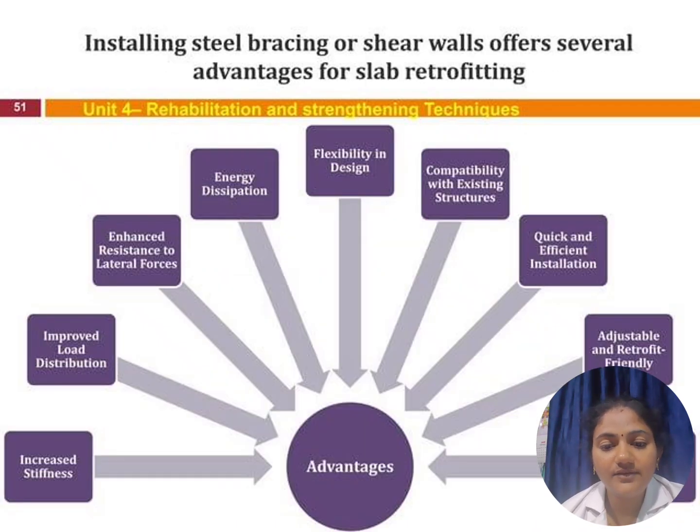And these are all the factors for installing the steel bars or shear walls, where the first one is increased stiffness and improved load distribution, and it enhances the resistance to lateral force and energy dissipation, with flexibility in design, and then quick and efficient installation, and adjustable and retrofitting friendly.